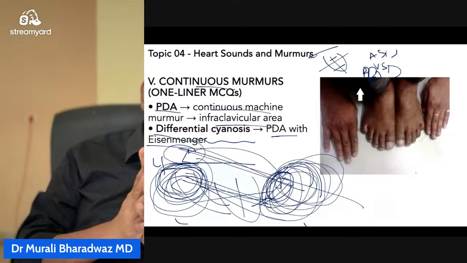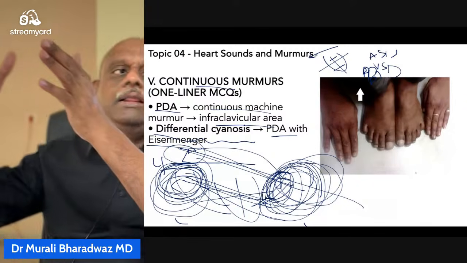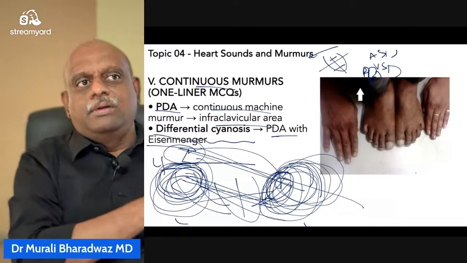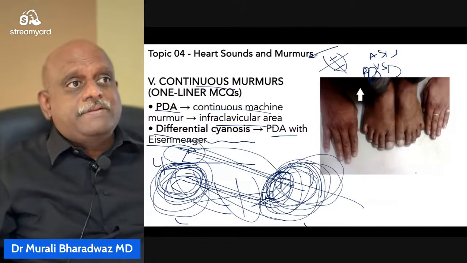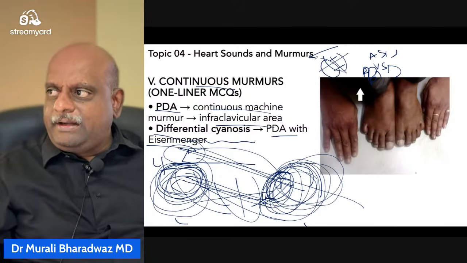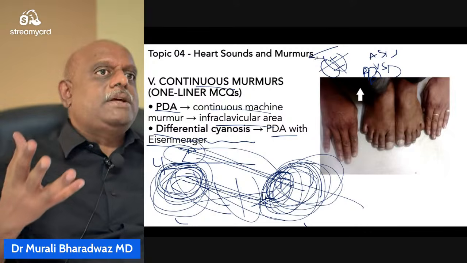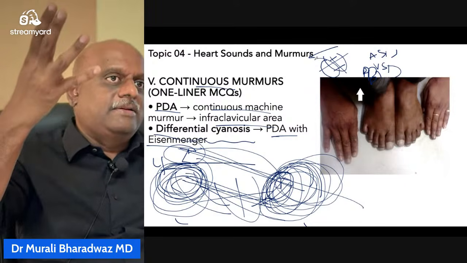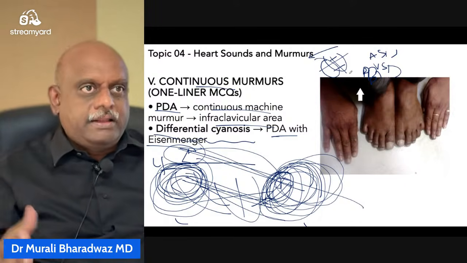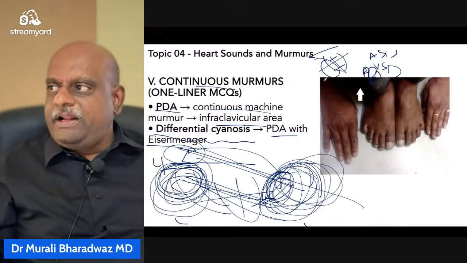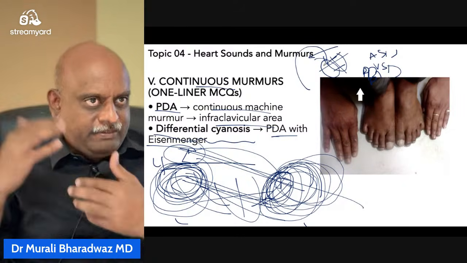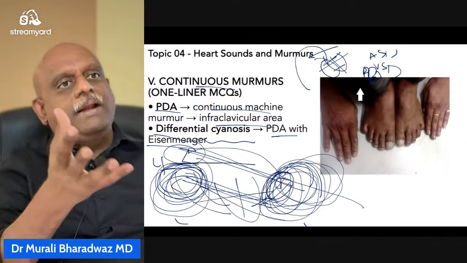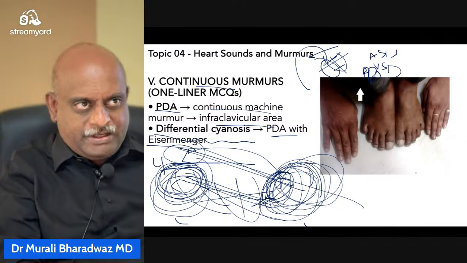In all these three, what's happening? All the left-sided blood is stolen into the right side. Because of that, the right-side pressures will increase. More flow is there. Regular venous return is coming into the right side, and all this extra blood is coming from the left side. Together, more blood in the right side.